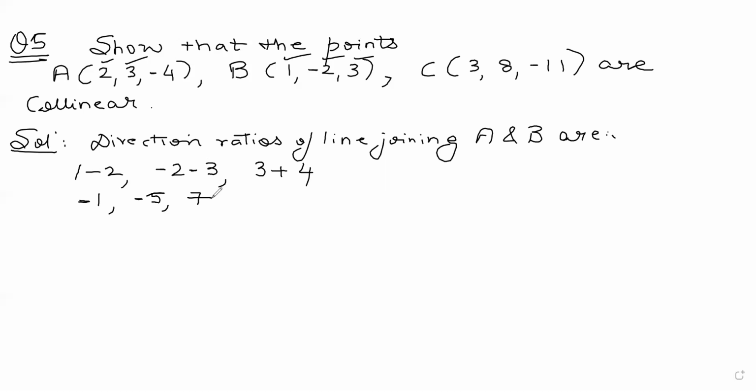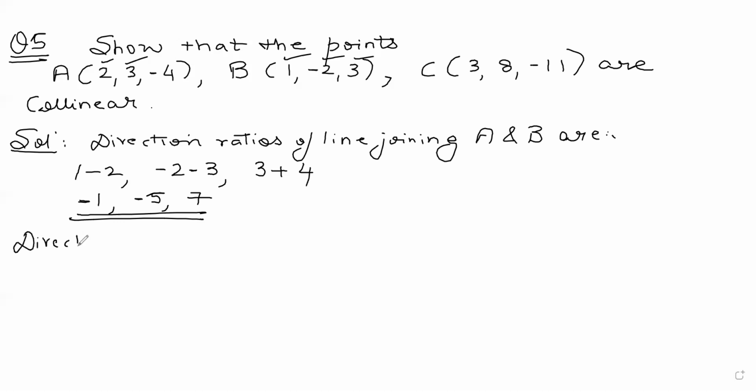These are the direction ratios of the line joining A and B. We have just learned in the lecture today that the direction ratios of a line joining 2 points are nothing but x2 minus x1, y2 minus y1, z2 minus z1. In this case, 1 minus 2, minus 2 minus 3, 3 minus of minus 4, which means plus 4. So we get minus 1, minus 5 and 7.